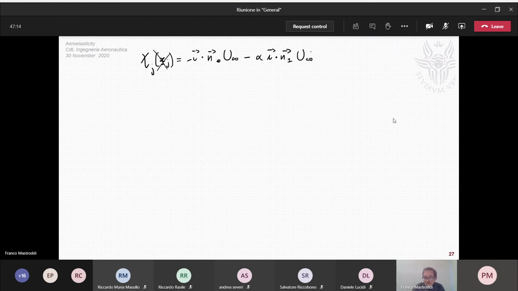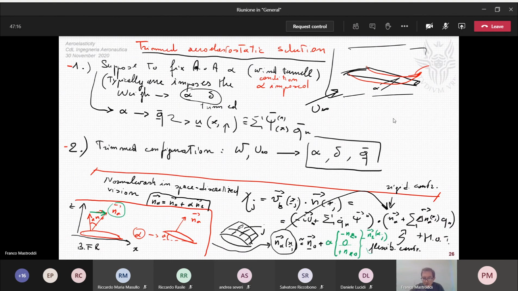So I've just multiplied this by this, considering that this is equal to n0 plus alpha n1.